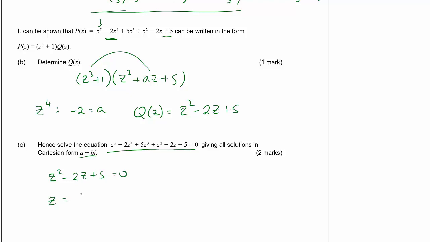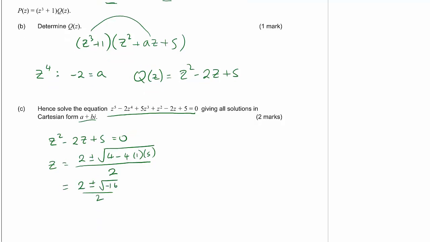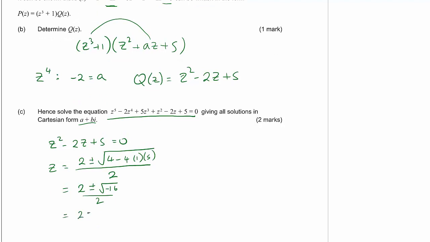So z is going to be 2 plus or minus the square root of 4, take away 4 times 1 times 5, all over twice 1. So that's 2 plus or minus, so this would be 4 take away 20, the square root of negative 16 over 2. So that's 2 plus or minus 4i over 2.